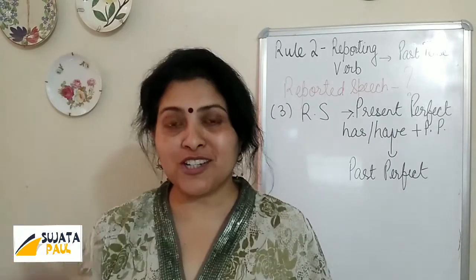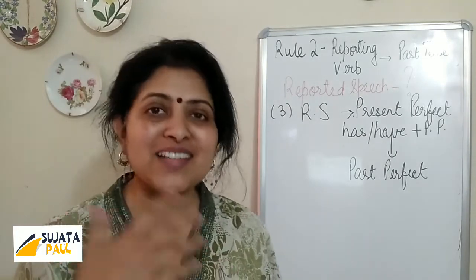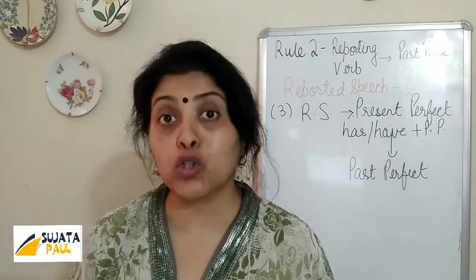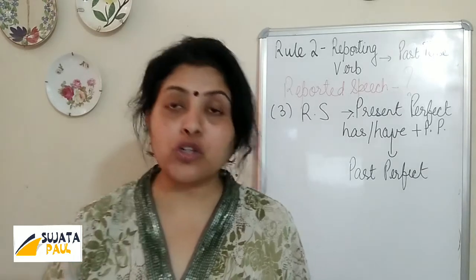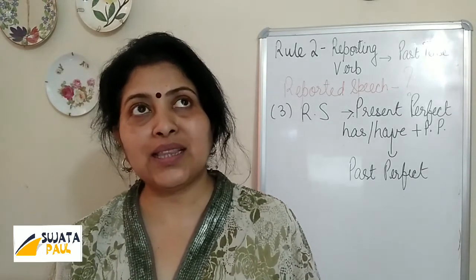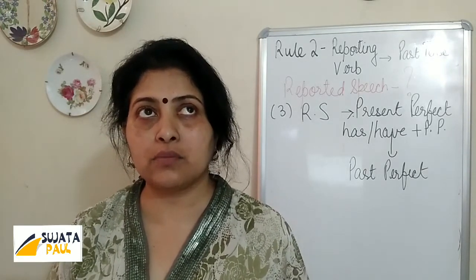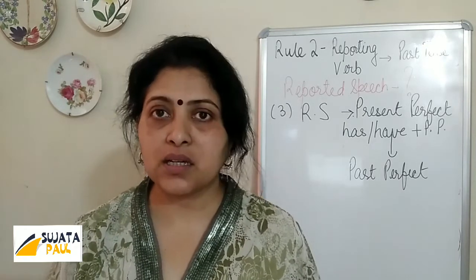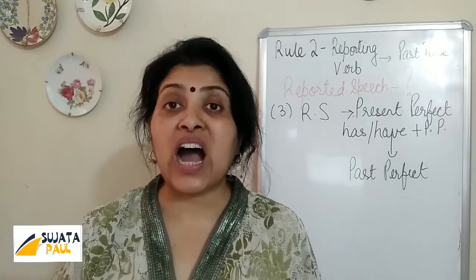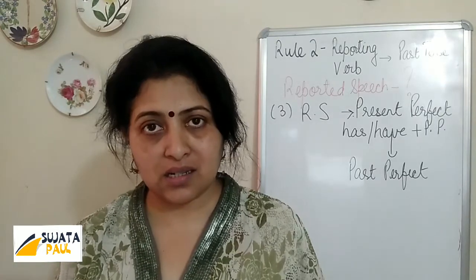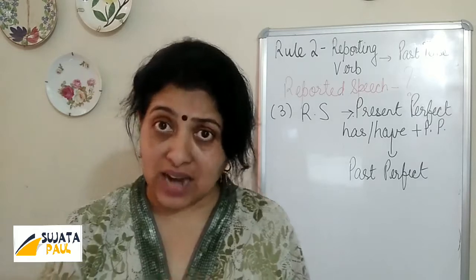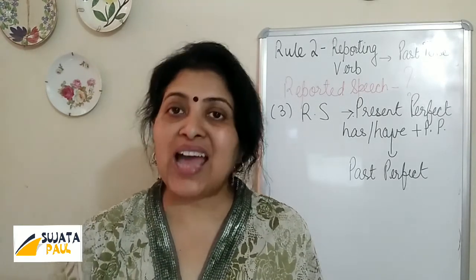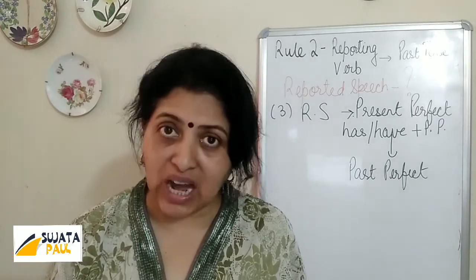Put, put, put. Present tense is also put, past tense is also put, and past participle is also put. I want you to remember one more, and that is dance. Dance, danced, danced. So present tense is dance, past tense is danced, and past participle is also danced.